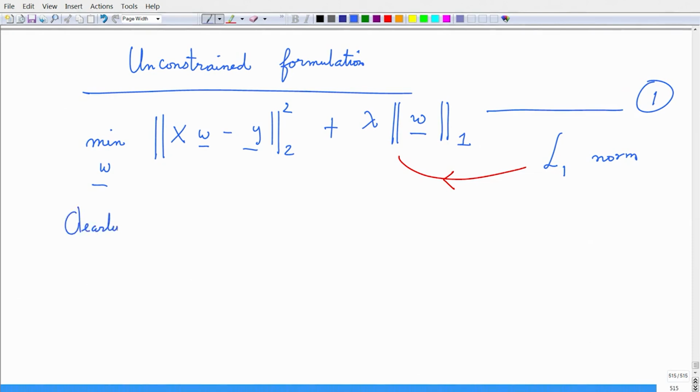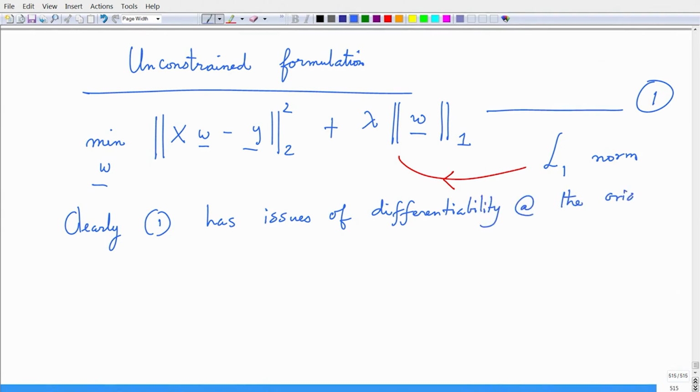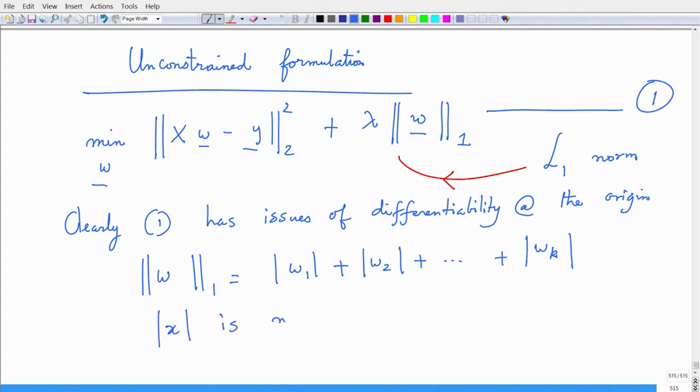Clearly equation 1 has issues of differentiability at the origin when w has some coordinates zero, because this norm is mod w1 plus mod w2 plus dot dot mod wk, and when I have to take the derivative of this with respect to the individual coordinates, I have a problem, because mod x is not differentiable at 0, right.